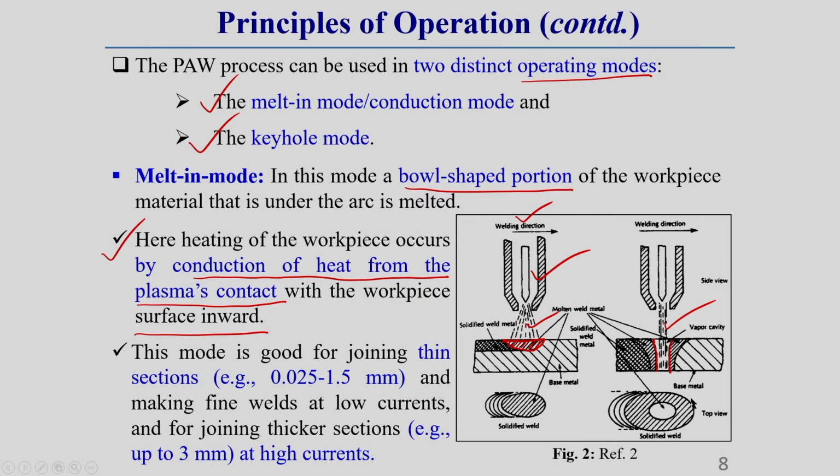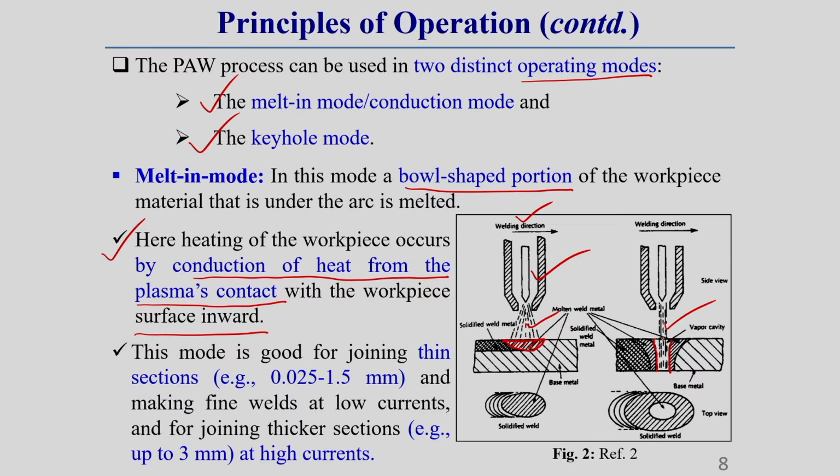So, a keyhole is made between this arc and the workpiece in the thickness direction. Here a hollow keyhole is developed. Everything in detail I will discuss in a subsequent slide.